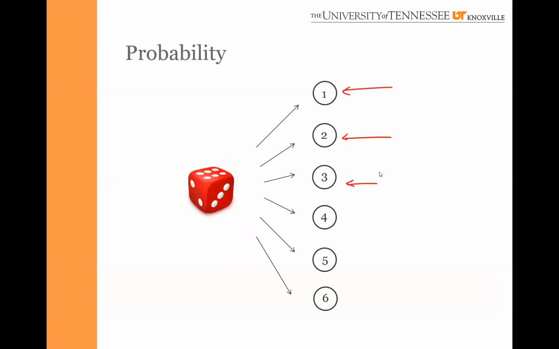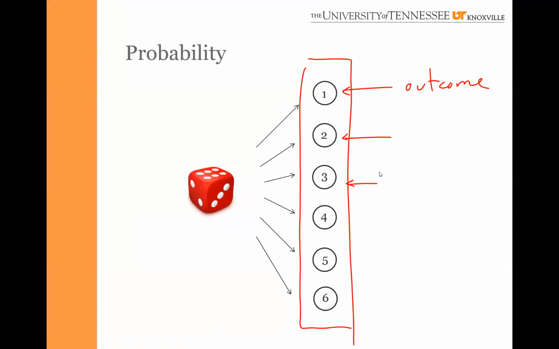So these values that it can assume are called, I'm being picky, I want a keyword, outcomes. So we refer to them as outcomes. What is the set of all outcomes? What is the keyword we use for that? Nobody remembers? Sample space.